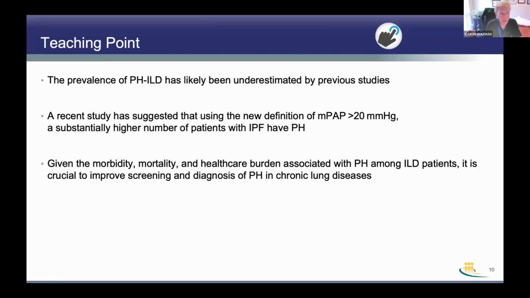A recent study has suggested that using the new definition of mean pulmonary artery pressure greater than 20 will result in a substantially higher number of patients with IPF who have pulmonary hypertension. And given the morbidity, mortality, and healthcare burden associated with pulmonary hypertension among patients with interstitial lung disease, it's crucial to improve screening and diagnosis of PH in chronic lung diseases, and really with a goal to find it much earlier.